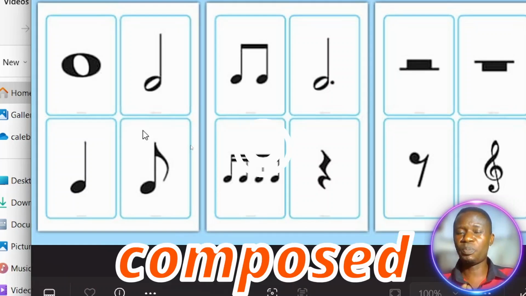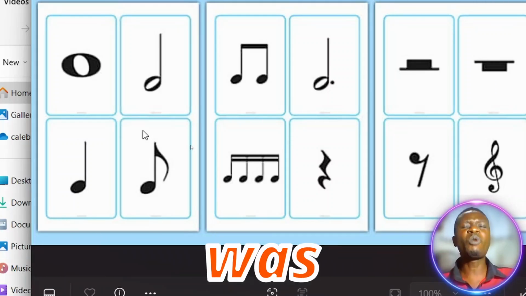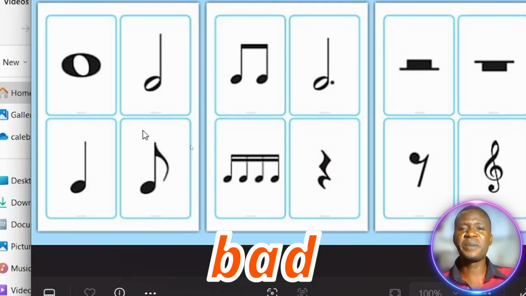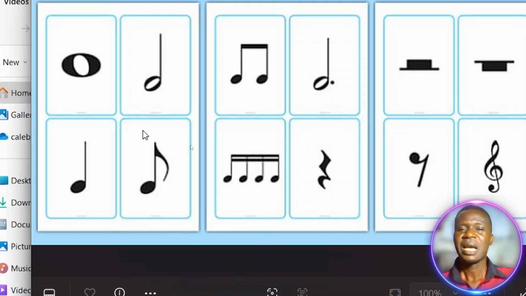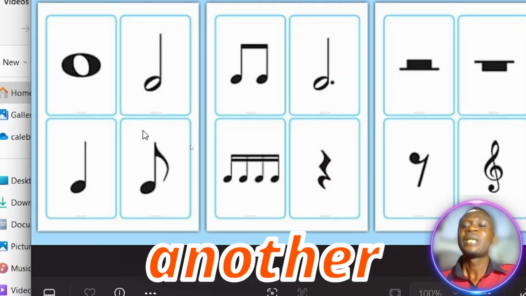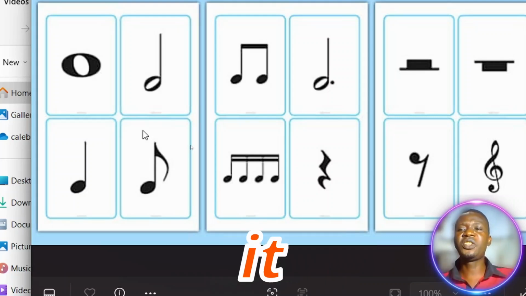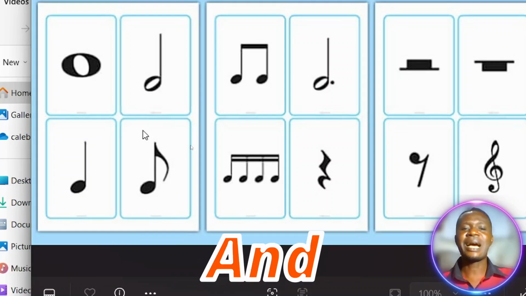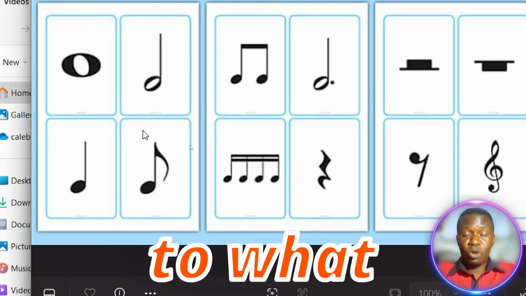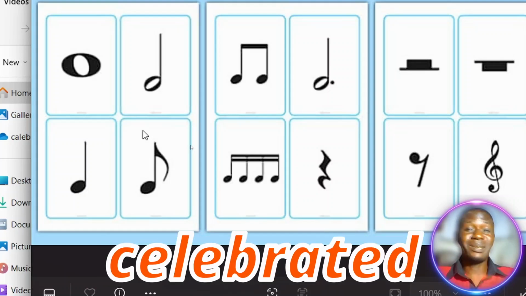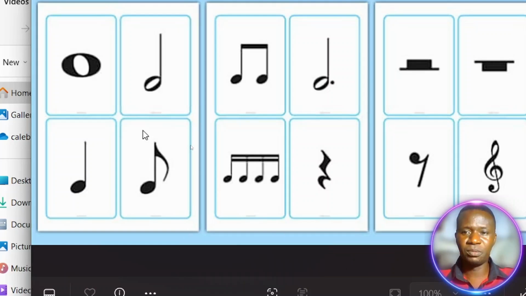When he composed it, the song was not very interesting. After he passed on, another person took the song and recreated it, and this is what gives birth to what we sing here. It's one of the most celebrated songs in the whole world now.